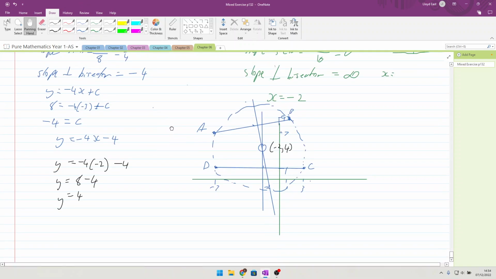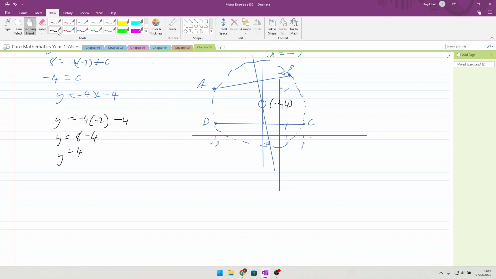With that done, we can start making our equation for the circle, which is x minus minus 2, which makes it a plus 2, squared, plus y minus 4 squared equals the radius squared. We're not worried about the radius itself, we just want the number that goes there.